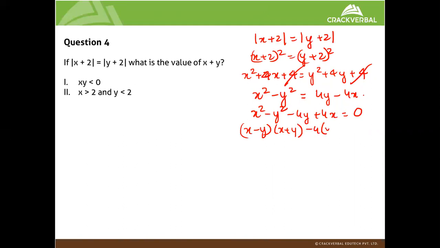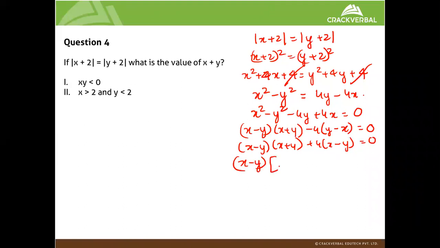So clearly this is x minus y into x plus y plus 4 into x minus y. I'm switching the signs because I want to pull out things common, is equal to 0. And I can take out x minus y common here, and I am left with x plus y plus 4 is equal to 0.